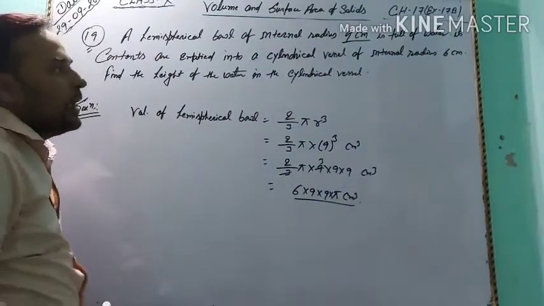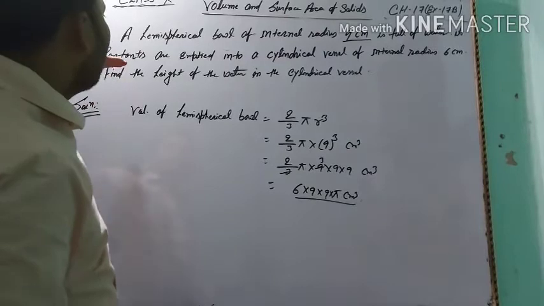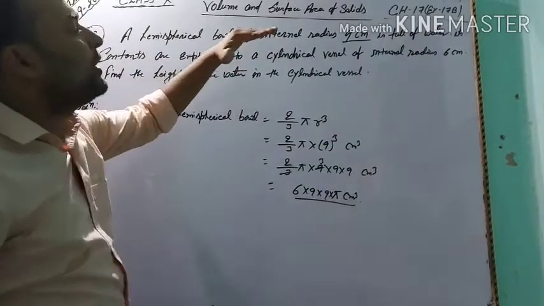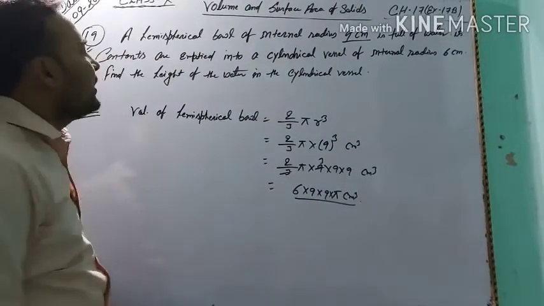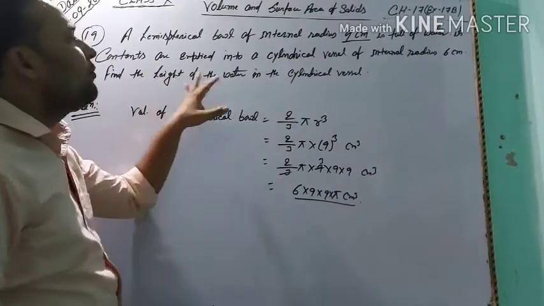Its contents are emptied into a cylindrical vessel of internal radius 6 centimeter. Find the height of the water in the cylindrical vessel.